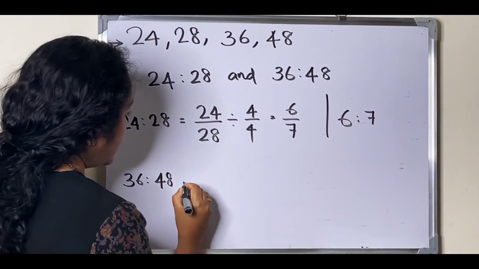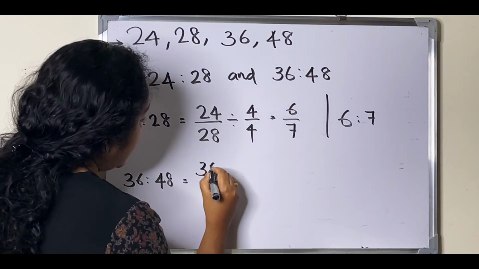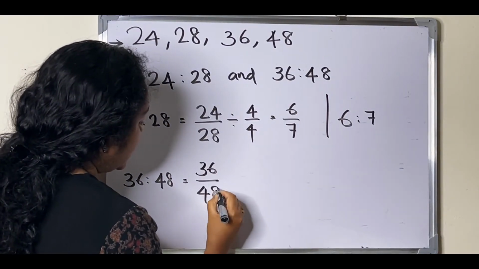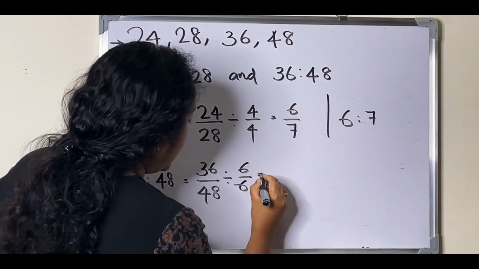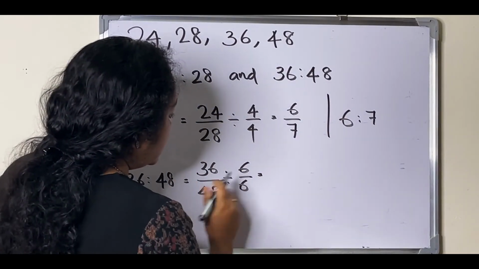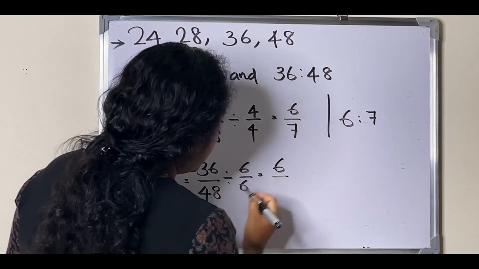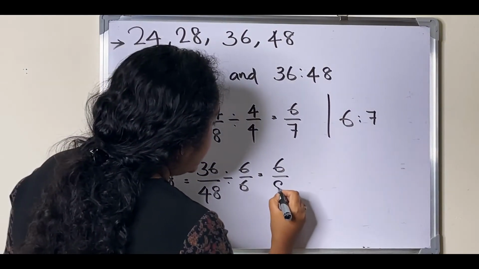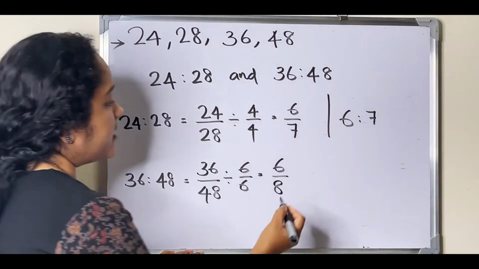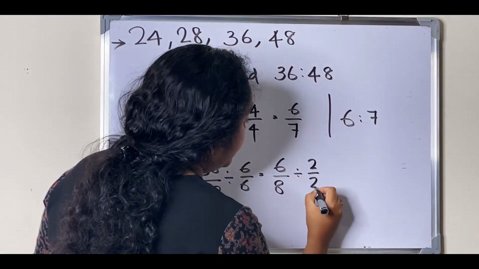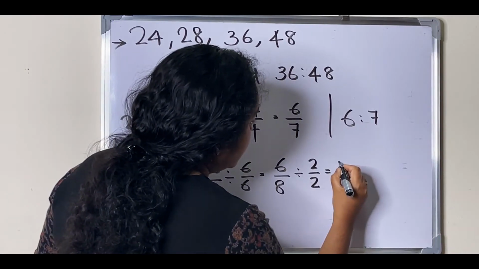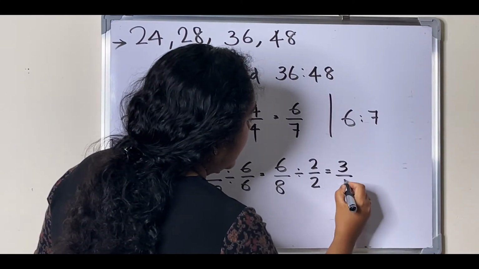And the next ratio is 36:48. That is equal to 36 by 48. Can be divided by both 6. We get 6 sixes are 36 and 8 sixes are 48. And it can also be divided by both 2. We get 3 by 4.